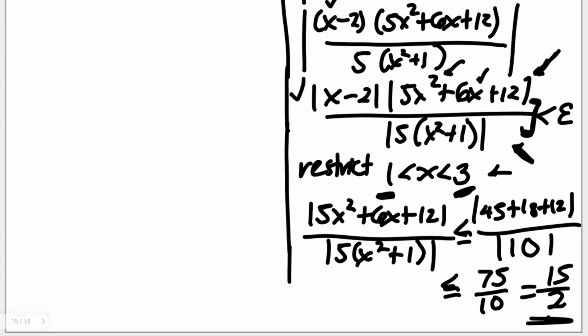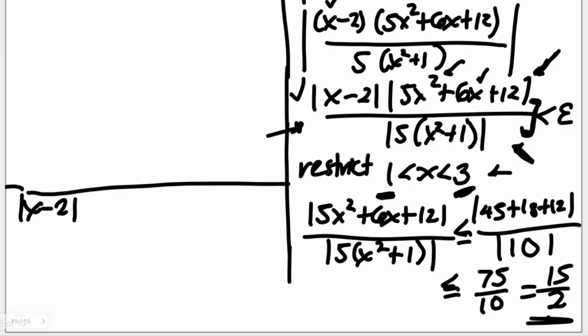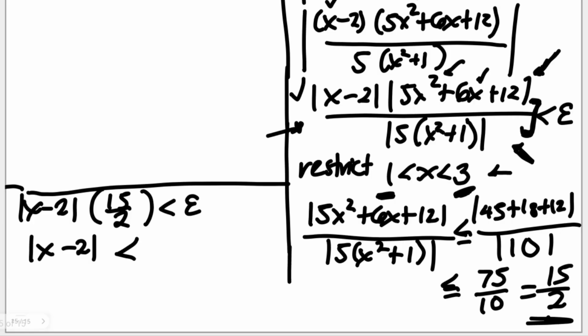Looking into that, since we have this form earlier, you will have the absolute value of x minus 2 times now the result of this, 15 halves, still less than epsilon. In short, the absolute value of x minus 2 can be expressed as twice epsilon over 15.